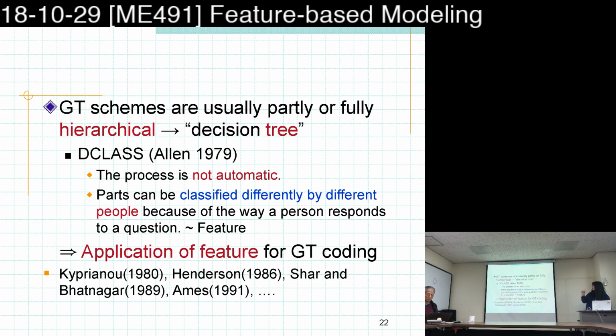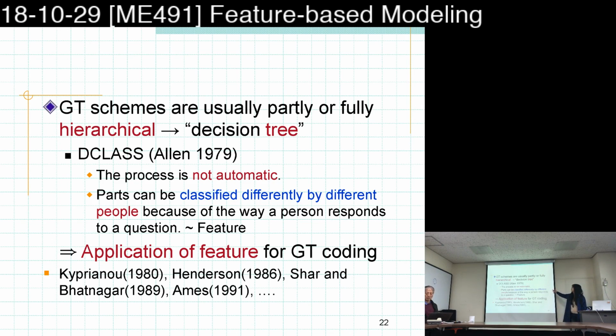Also, GT schemes are usually partly or fully hierarchical, so it is like a decision tree. One of the GT schemes is the class developed by Allan, but there are some problems.